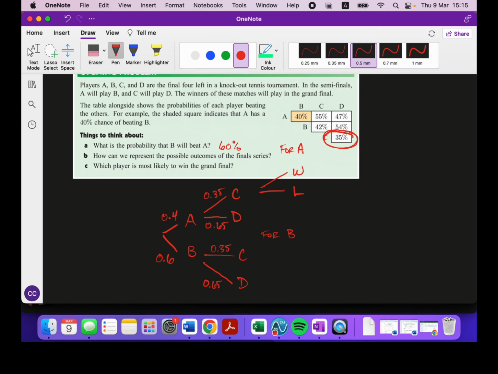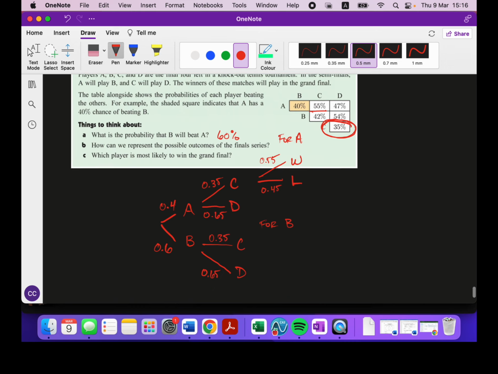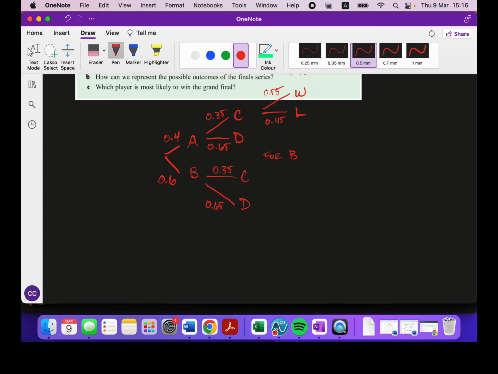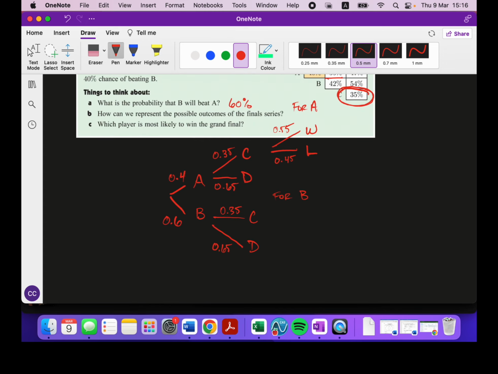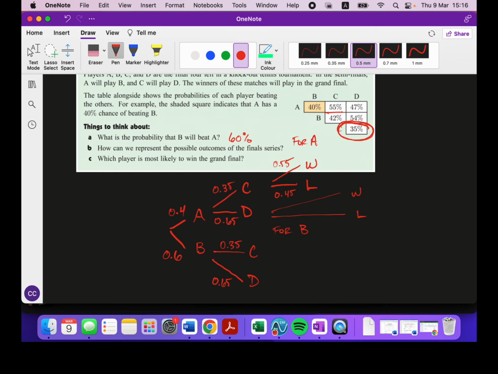So for A, there is a 0.55 chance that they beat C, and a 0.45 chance that they lose. And then here for D, again, this is one of the biggest pains with tree diagrams, in that I didn't plan very well. So if we do win-loss against D, they've got a 47% chance of winning against D, which means they've got a 53% chance of losing against D.